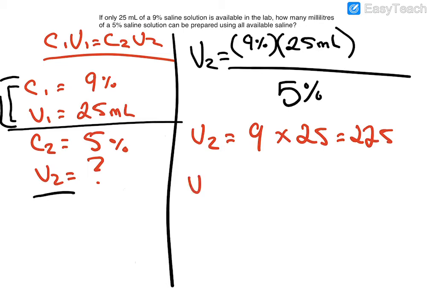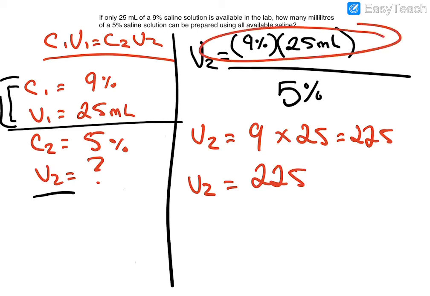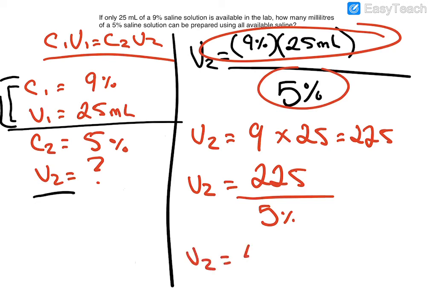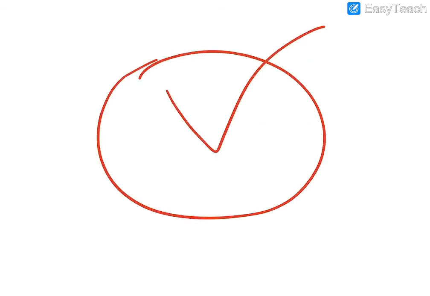So V2 equals 225 divided by the 5%, which equals 45. And since it's a volume and we're working with milliliters, it's 45 milliliters. So yeah, that's how it's done. I hope that helps.